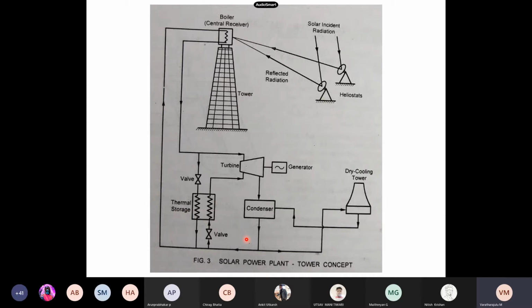These tower concept solar plants are to be located in hot, dry desert areas, where we have sun energy available in plenty. On the other hand, we need to be careful about the other resource, water, and there might be water scarcity.